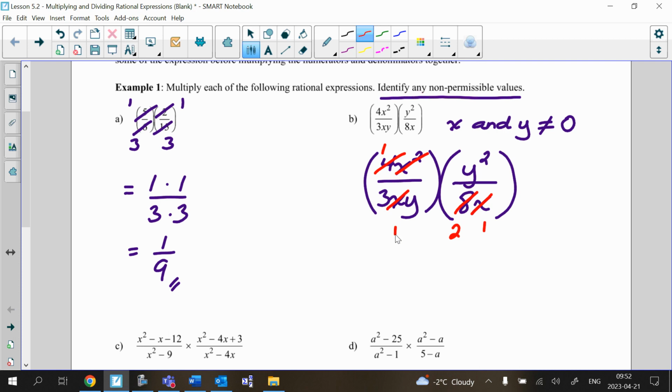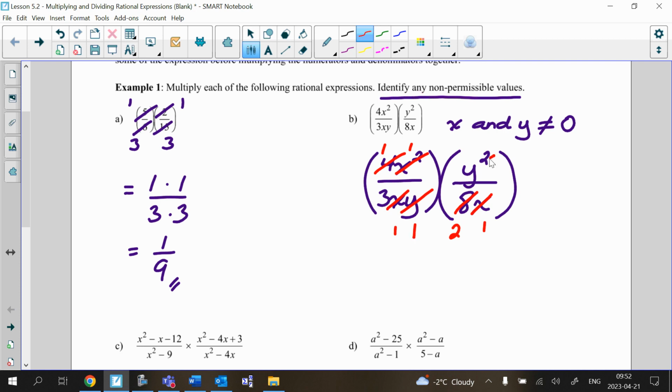What about the y's? Can I reduce any y's? Well, there's one y down here, and there's two y's being multiplied up here. So can't I reduce one of them? And if I take away one from here, then I'm left with y.